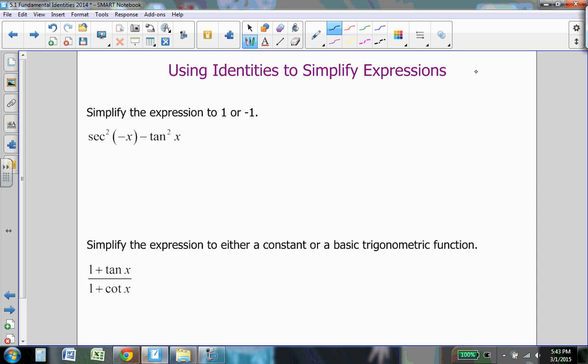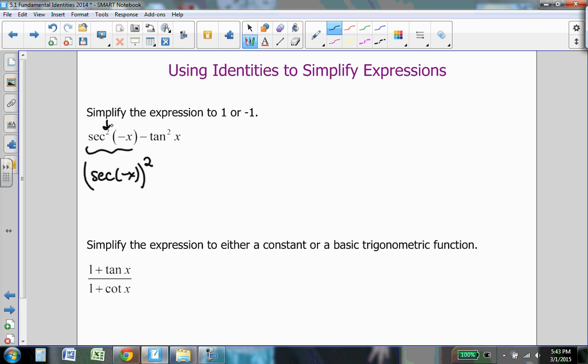On to the next piece here, using identities to simplify some expressions. Here we have probably some Pythagorean identities and perhaps some even and odd things going on here. This right here is exactly the same as taking the secant of the opposite of x squared.